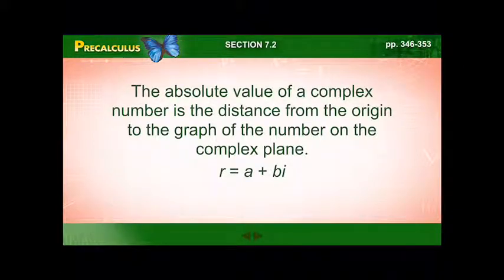And when you do that, the r there becomes the radius, if you want to think about it like that, radius of the unit circle. And the radius is actually equal to the absolute value of a plus bi. So when you take the absolute value of a plus bi, that gives you the square root of a squared plus b squared.